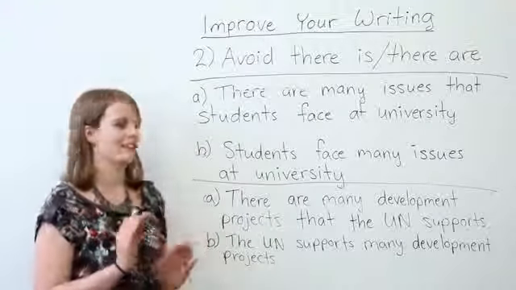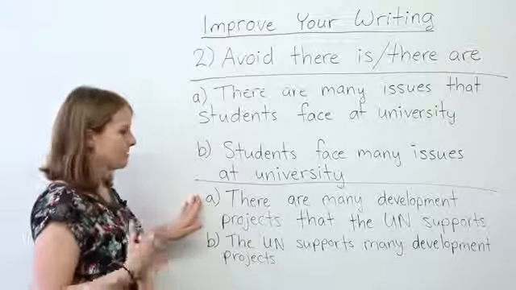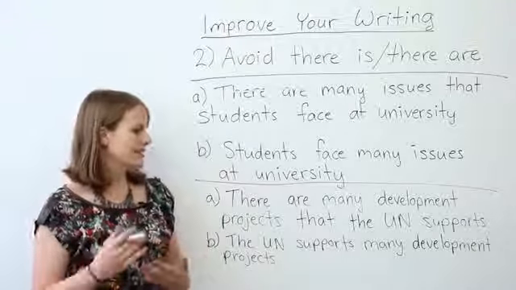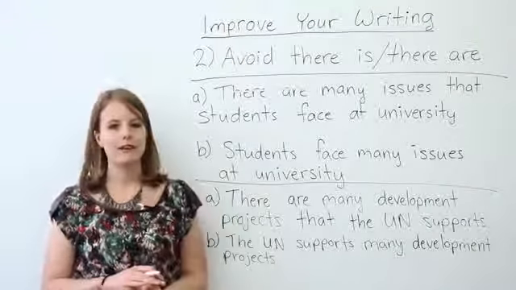So you don't need there is or there are. A second example, there are many development projects that the UN supports. Again, we don't need there are. We could just change it to the UN supports many development projects. By getting rid of there is and there are, your sentences become stronger and to the point.